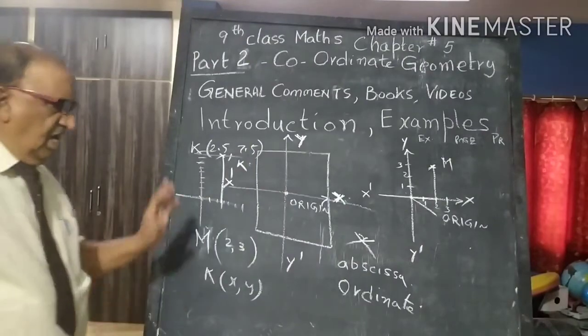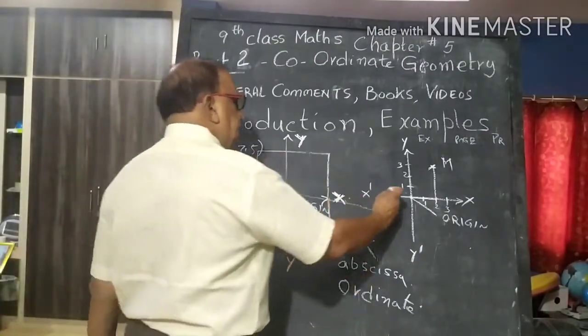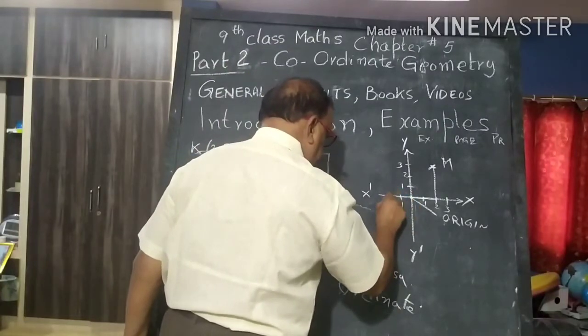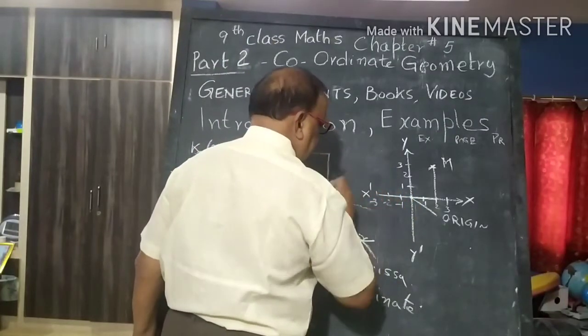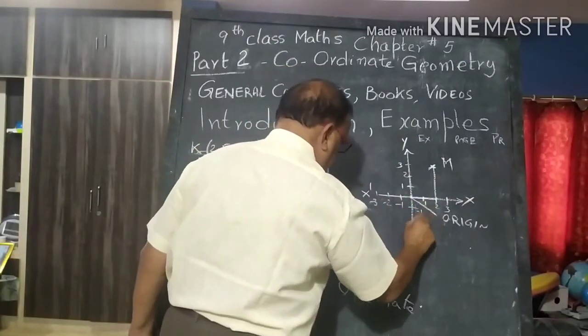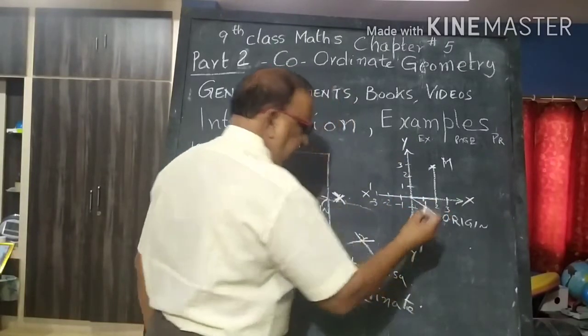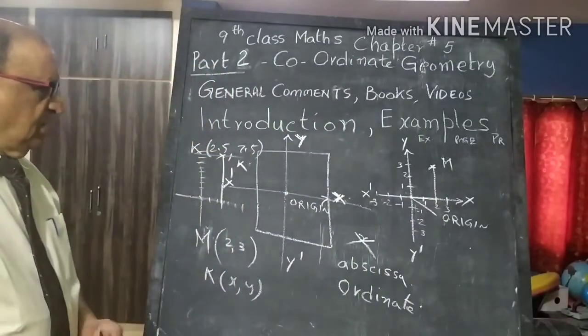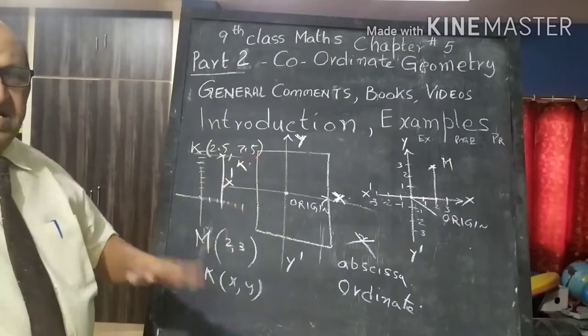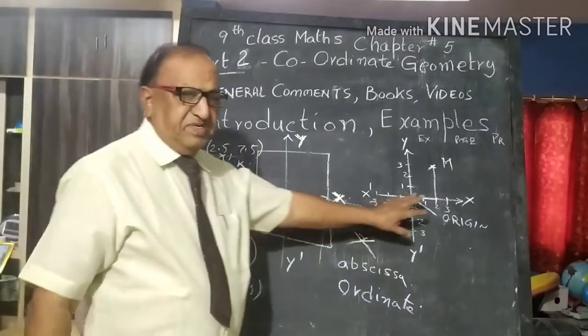Now, I also told you this is the x-axis, this is the minus x-axis. So here this is minus 1, minus 2, minus 3 like that. Similarly, this is the y-axis, 1, 2, 3, this is minus 1, minus 2, minus 3 like that. Okay? So given a point, it can be represented on a graph paper with the proper scale.